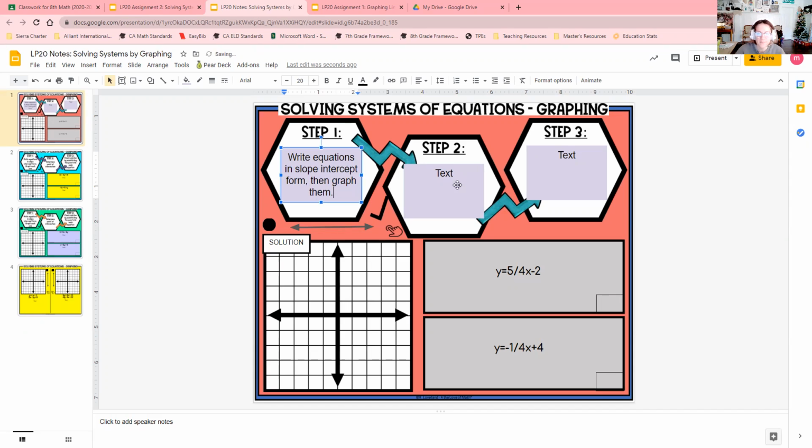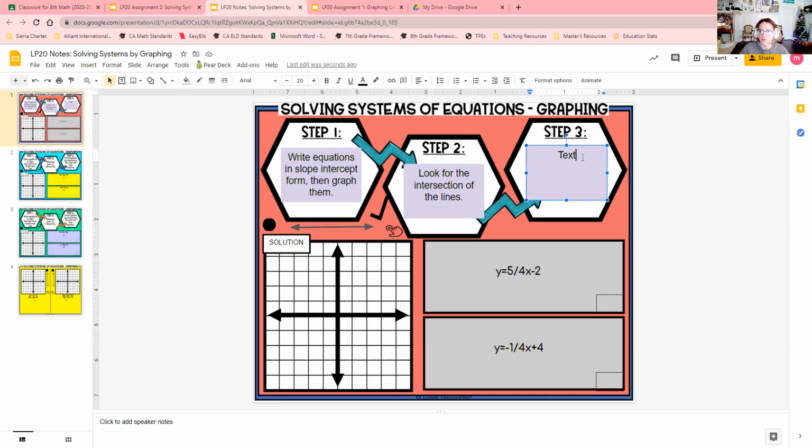The second step, after we have written our equations in slope-intercept form and graphed them, is to look for the intersection of the lines. That point where the lines intersect is our answer.